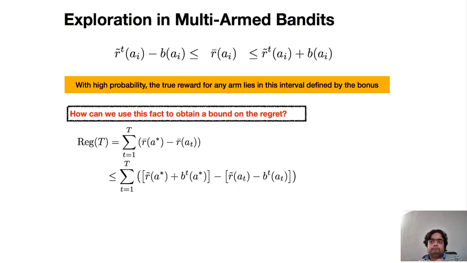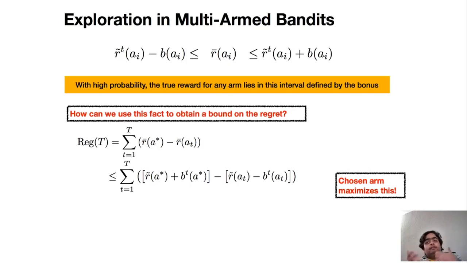Now note that the arm that you are choosing at time t is precisely the arm that maximizes the mean reward plus the bonus. That's what the algorithm does. So agnostic of A star, a_t, the arm that you pulled at time t, basically maximizes this upper confidence bound, or R tilde plus B, essentially.